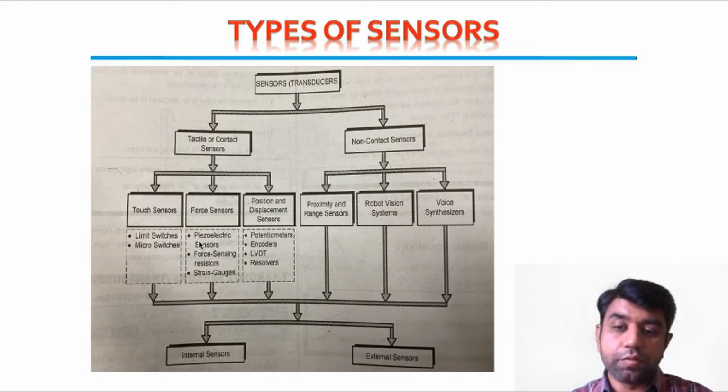For that we can use piezoelectric sensors, force sensing resistors or strain gauges. To check the position and displacement, we can use potentiometers, encoders, linear variable differential transducers or resolvers. In the case of non-contact type sensors, we can use proximity sensors, right? We can use robot vision systems and even voice synthesizers, in which there is no contact but still we receive the data. All these sensors can work as internal sensors or external sensors.